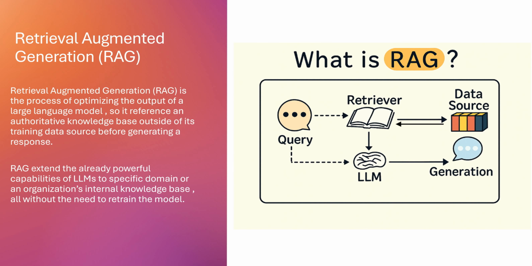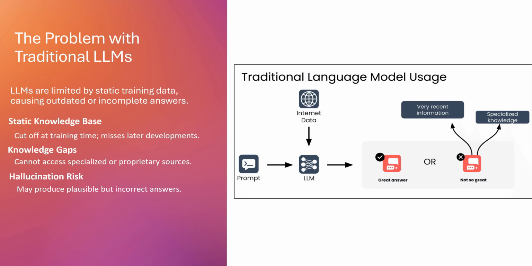So what is the problem in the traditional LLM? A traditional LLM has static training data, causing outdated or incomplete answers. What does outdated or incomplete mean? Let's suppose I'm using an LLM model that is trained till December 2025.